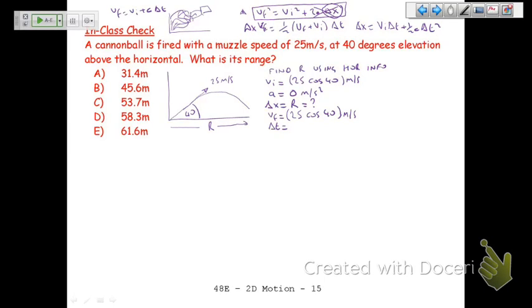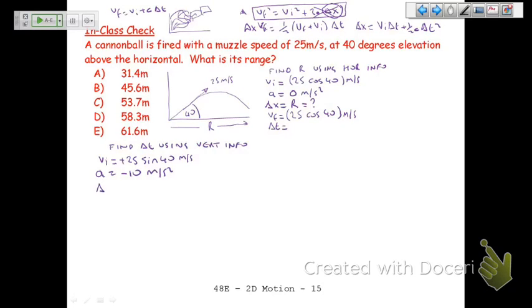So I say, okay, find delta T using, and I've already used up my X information, so let's do our vertical information. So vertically, VI is equal to 25 sine 40 meters per second, and A is equal to minus 10 meters per second squared.